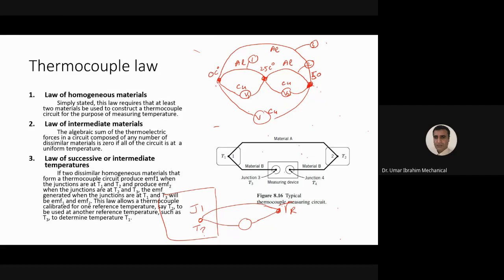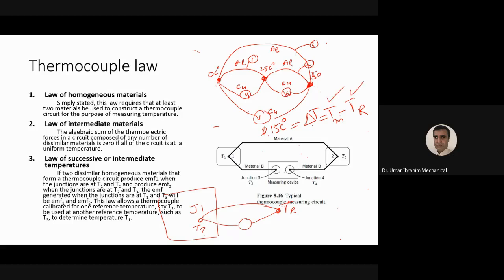But since delta T is the difference of measuring temperature minus reference temperature, and we only have delta T, let's suppose this is 15 degrees C. Now to find out Tm, you need to know the Tr value.